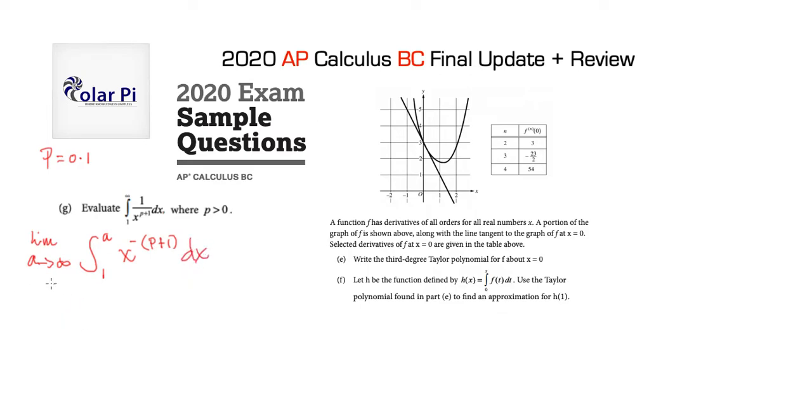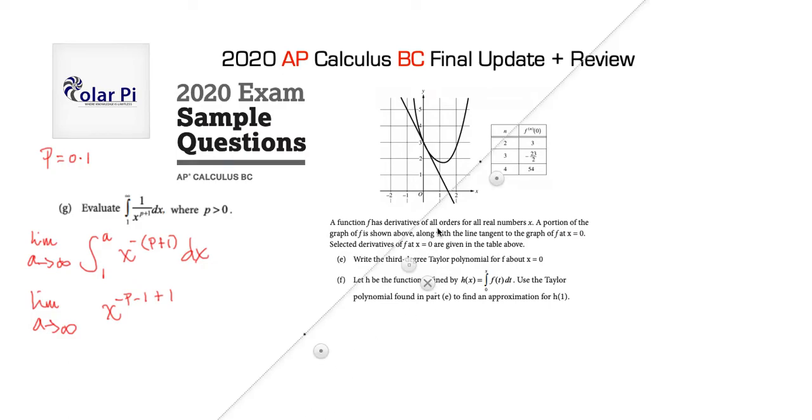Otherwise, moving forward, we know how to integrate things like these. It's just simple power rules. So we're going to go limit as a goes to infinity, and this here is really x to the power -p, and then -1 if we distribute that minus sign. To integrate, we add 1 to the power, and then we divide by this new exponent.